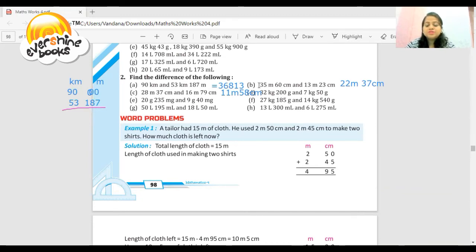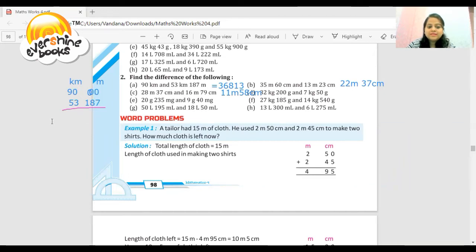Now in this B question, 35 meter 60 centimeter and 13 meter 23 centimeter. You have to do the subtraction and you will get the answer 22 meter 37 centimeter. Okay, just form in a meter and centimeter differently. Now in this C1, 28 meter 37 centimeter and 16 meter 79 centimeter.